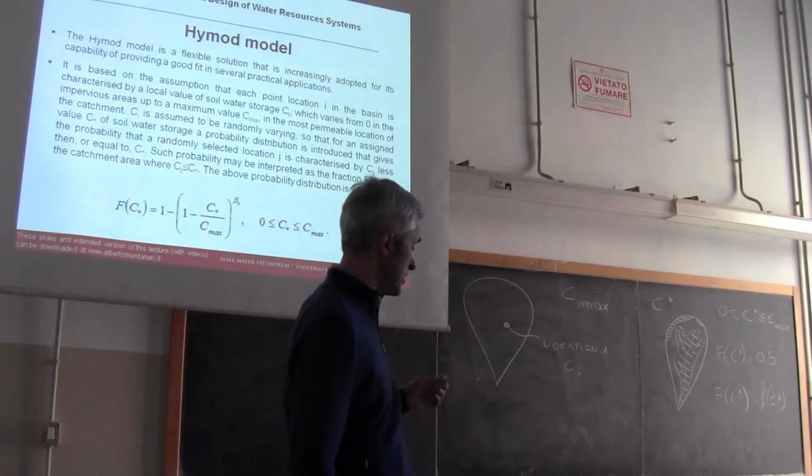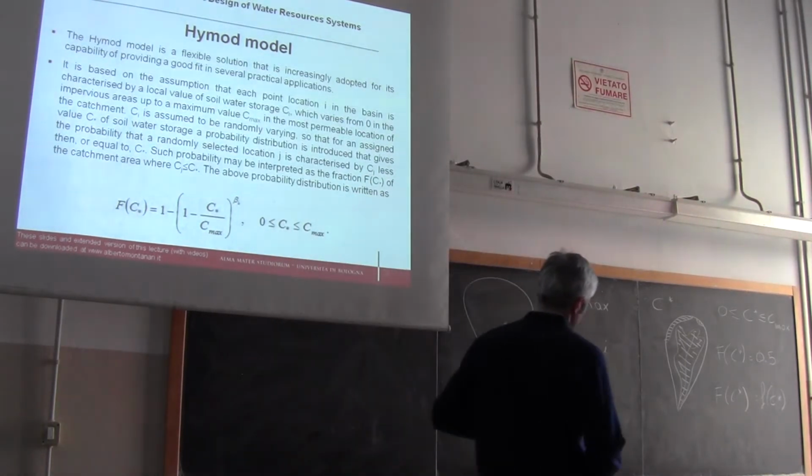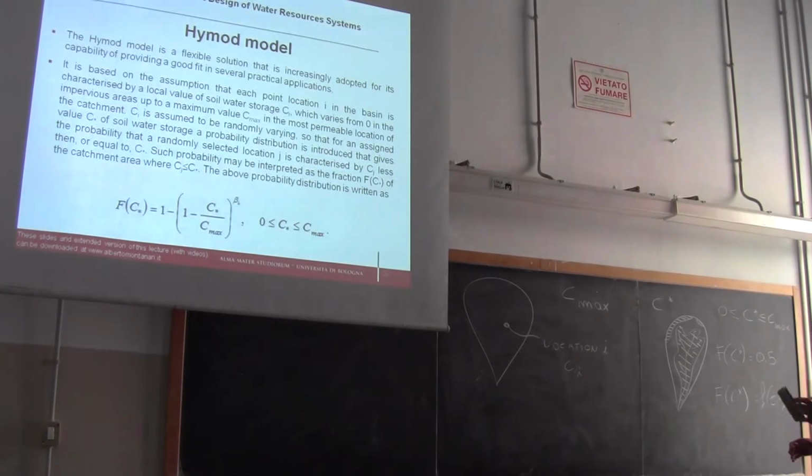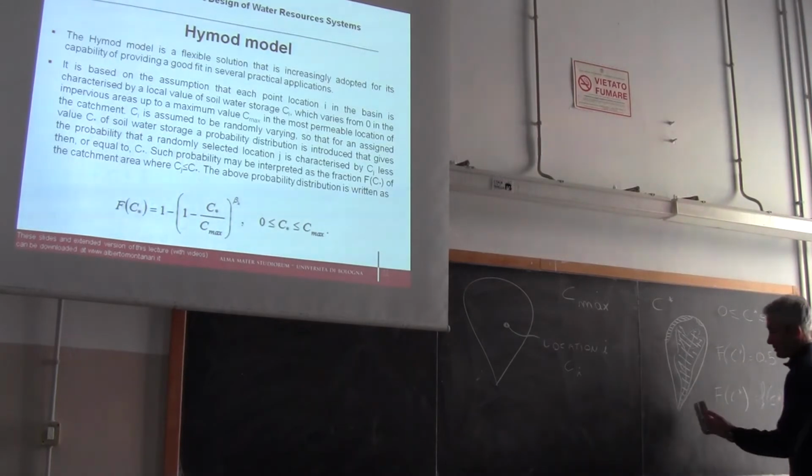Okay, so what is a possible shape? It's what you see written here. Let me introduce it. Of course, what is the requirement for this function? The requirement is that as C star is varying in its range of definition, f C star, it's a percentage, should vary between 0 and 1, in some way.